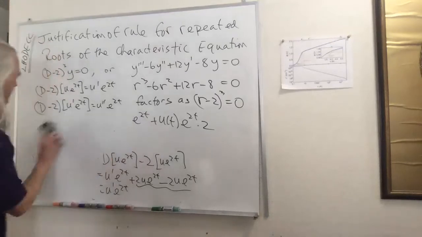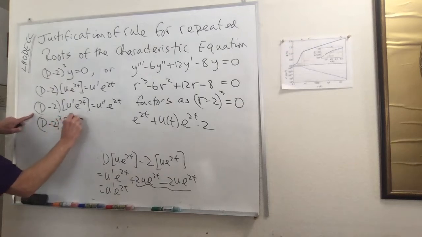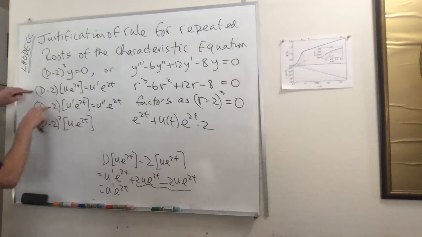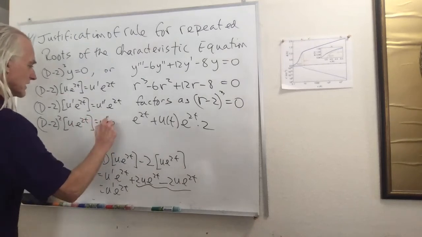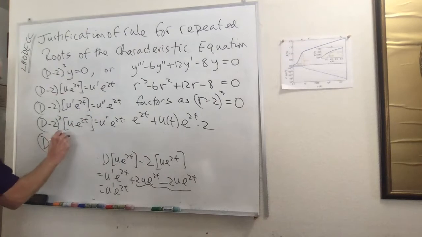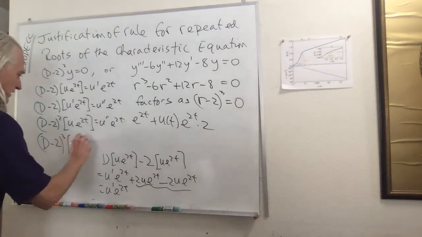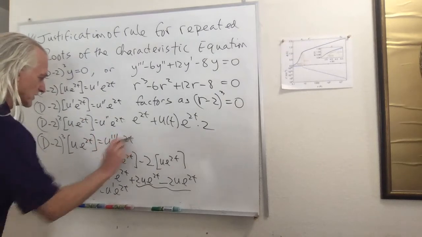But this one here is really (D minus 2) squared on u e to the 2t. So (D minus 2) squared, D minus 2 on D minus 2, is u double prime e to the 2t. And then it also follows that (D minus 2) cubed acting on u e to the 2t is u triple prime e to the 2t.